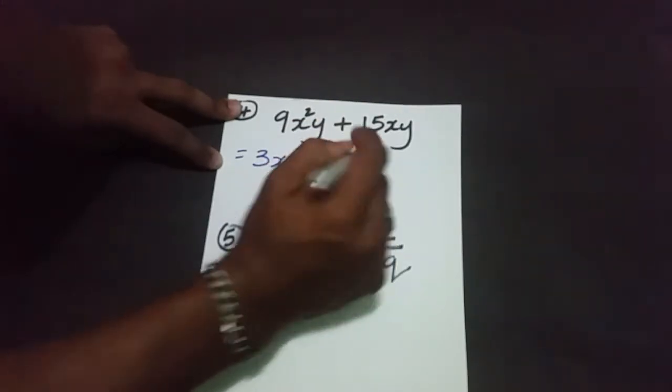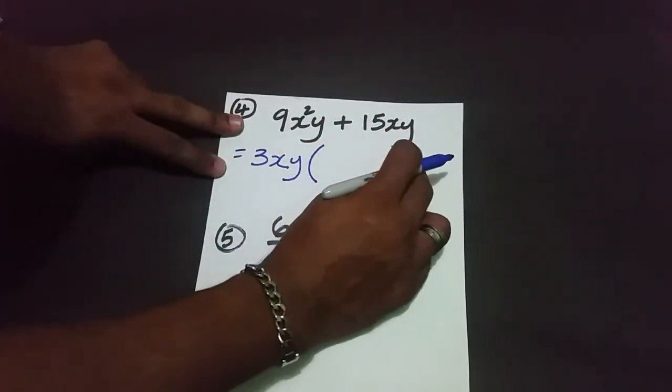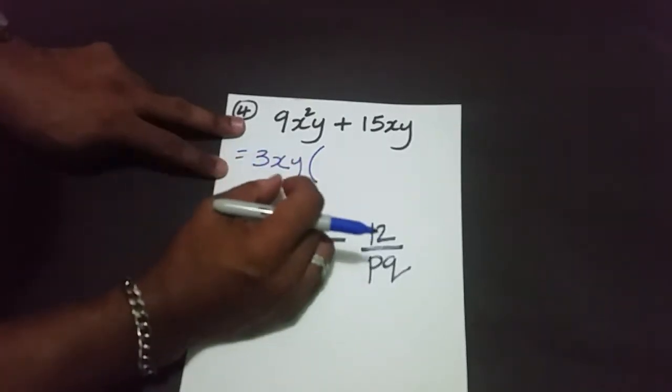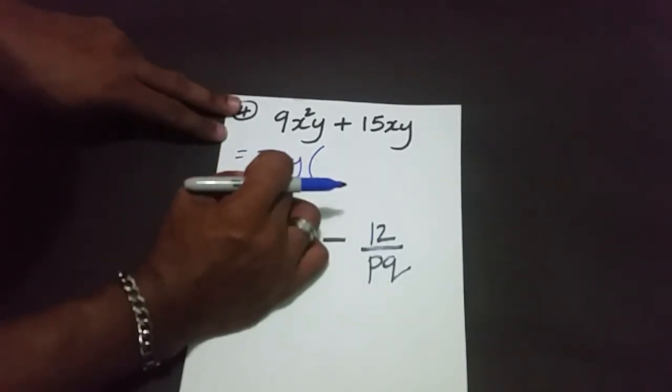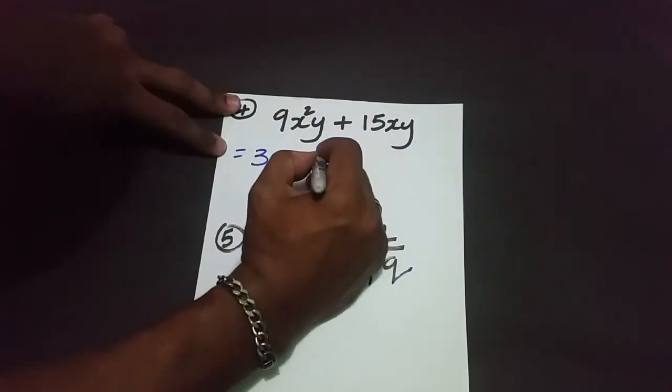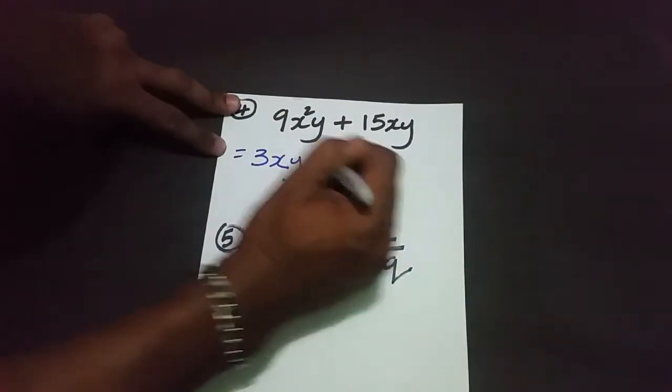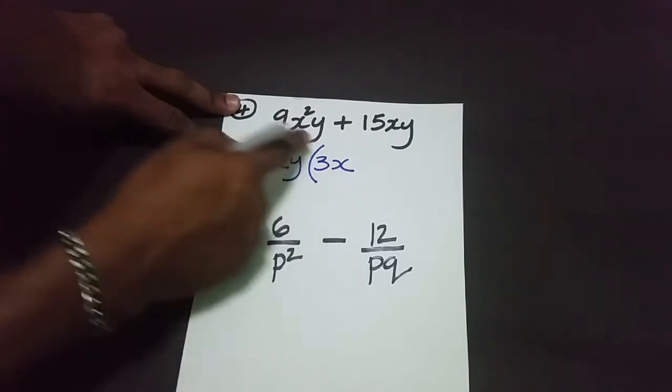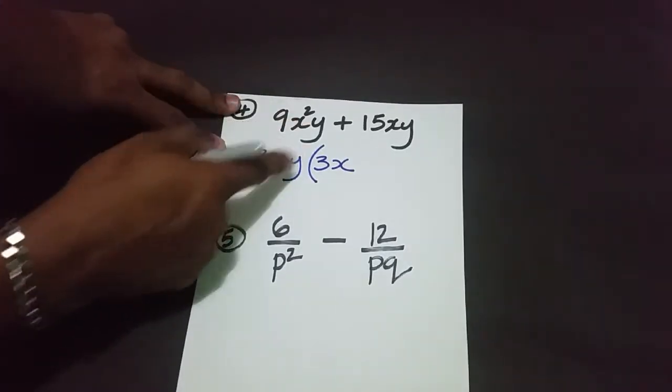All we need to do now is figure out what needs to be in the bracket. And how you do that is ask yourselves, what do I multiply 3xy by to get back 9x squared y? That simply would be 3x, because 3xy times 3x is going to give me back 9x squared y. Why?